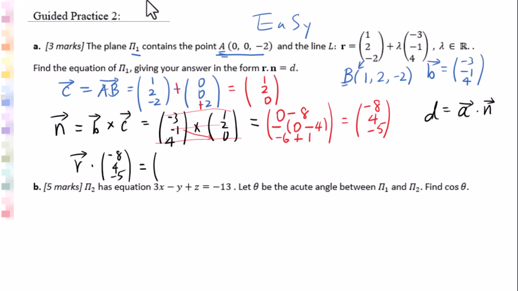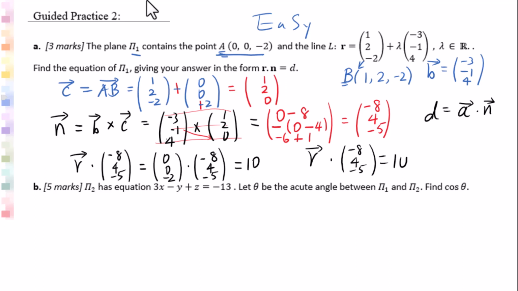Let's use A, A is easier, 0, 0, negative 2, dot negative 8, 4, negative 5 equals 10. So final answer, r dot negative 8, 4, negative 5 equals 10.